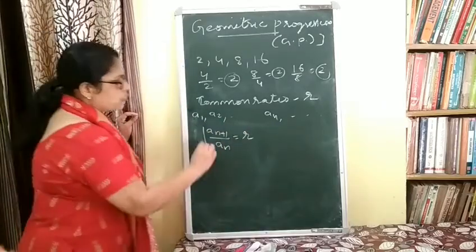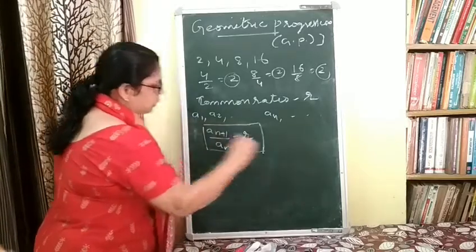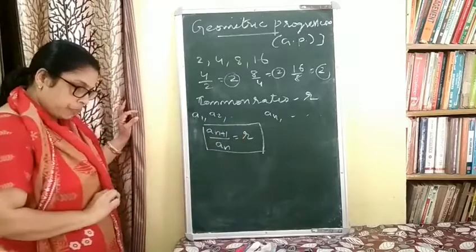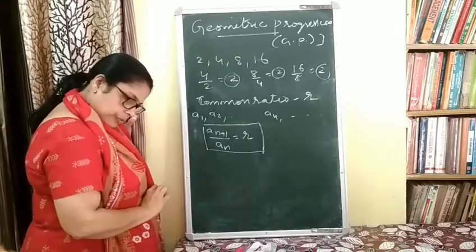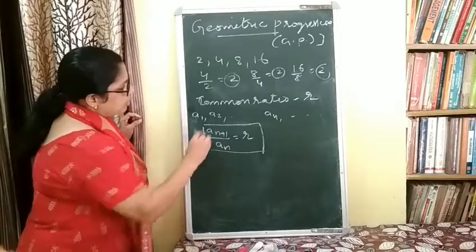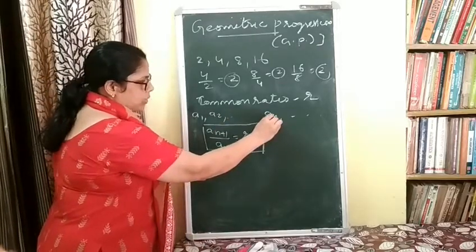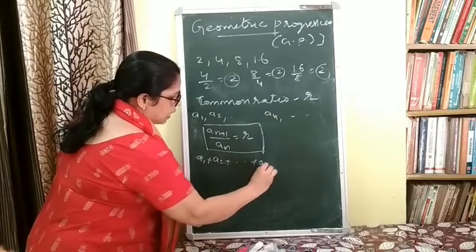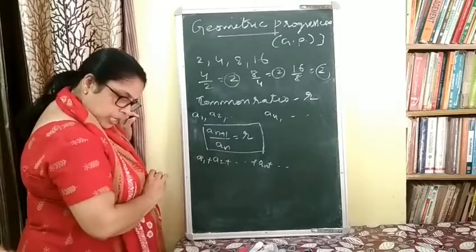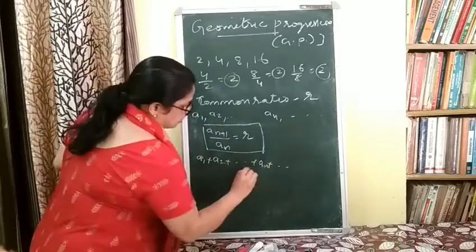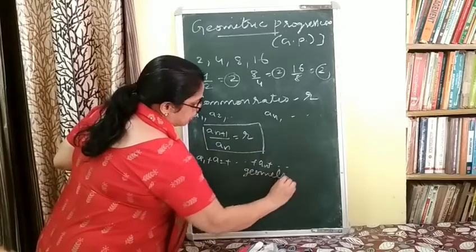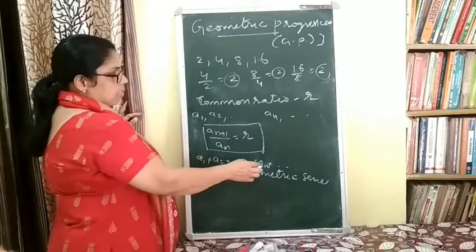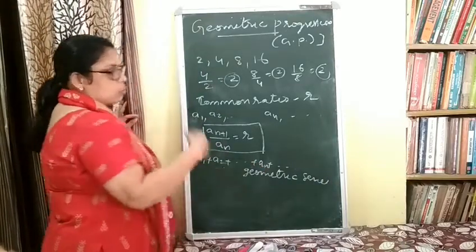This is the formula for finding the common ratio of a GP whose first term is a and common ratio is r. Now I am giving you an example. If a1, a2, etc., an form a GP, then a1 plus a2 plus etc. plus an plus etc. form a series, a geometric series, like the arithmetic series. If we join a sequence with plus or minus signs in between, it becomes a series.